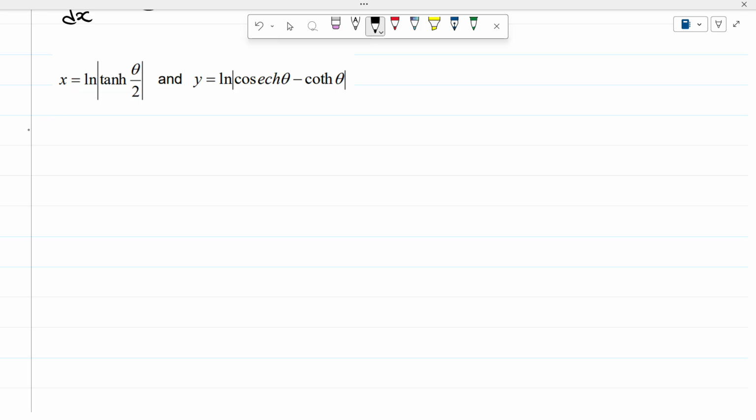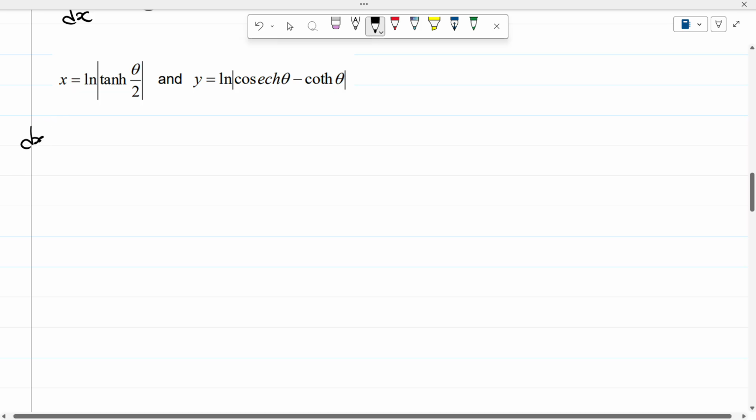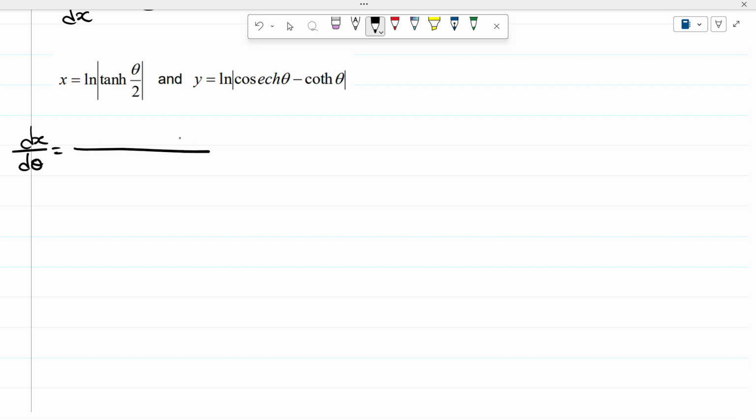So if we start with x, then of course dx/dtheta will be, for the derivative of the natural log, we always copy the argument on our denominator, which is just going to be the hyperbolic tan of theta over 2. And then on our numerator, we're going to differentiate that argument, which is just going to be 1 over 2 multiplied by the derivative of hyperbolic tan.